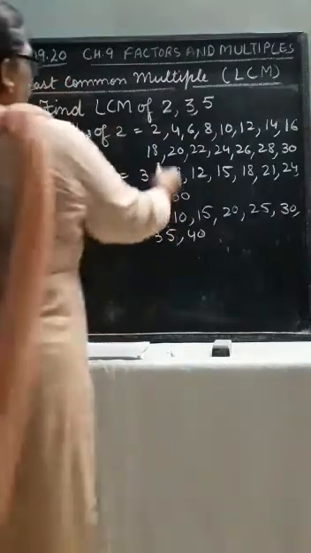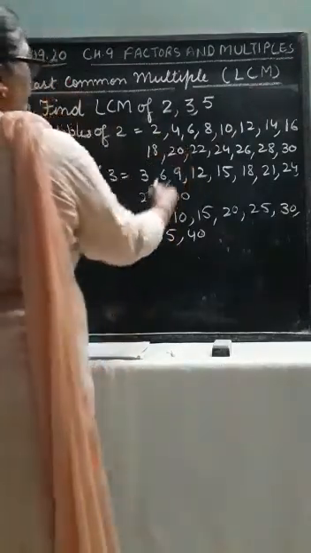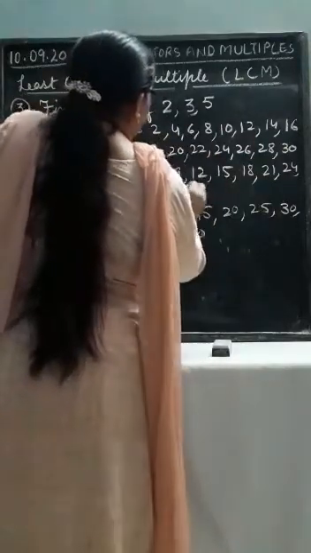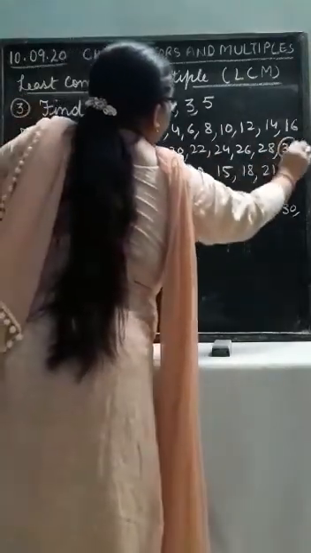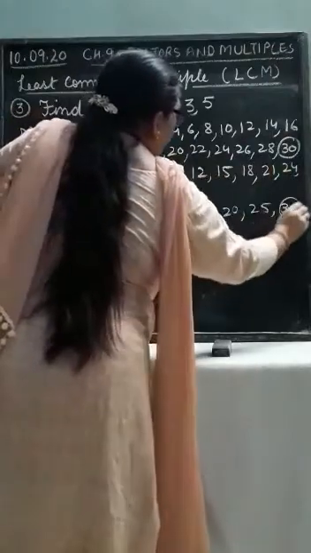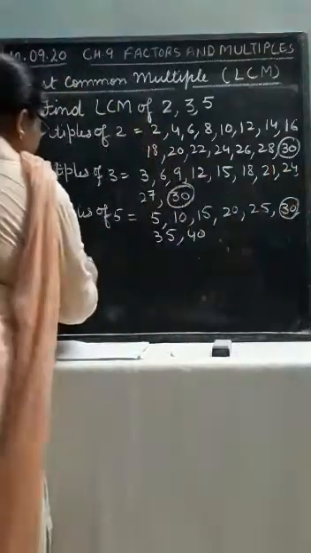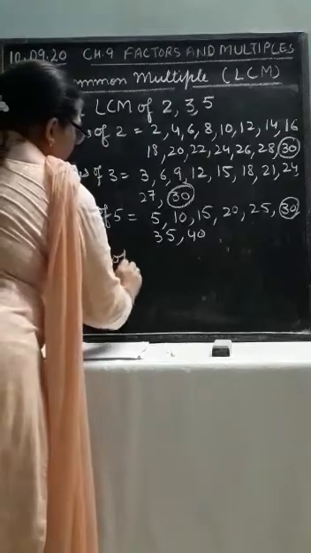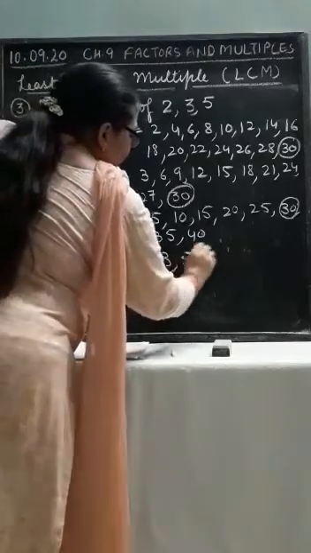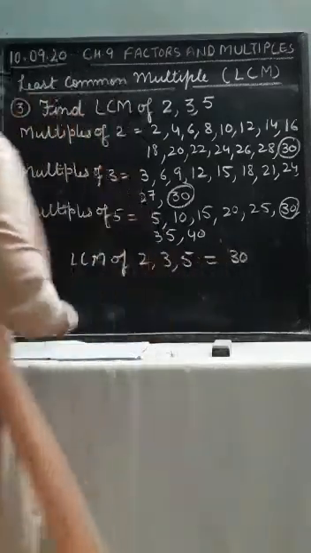In this, when we find out the first common multiple, it is 30. So LCM of 2, 3 and 5 is 30.